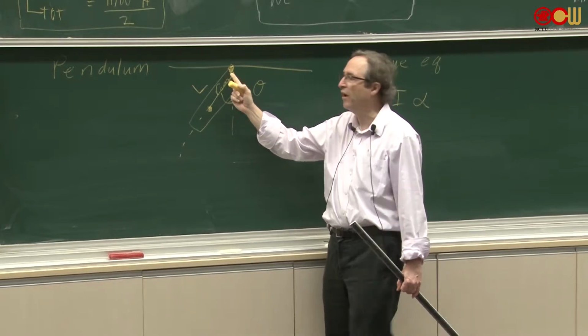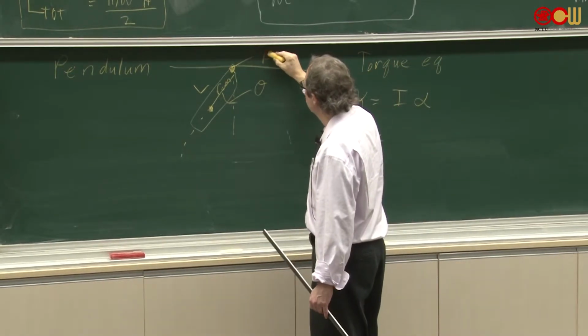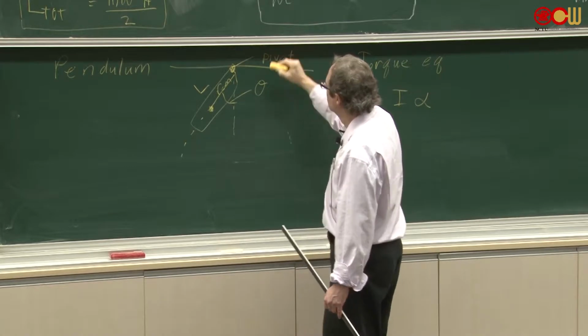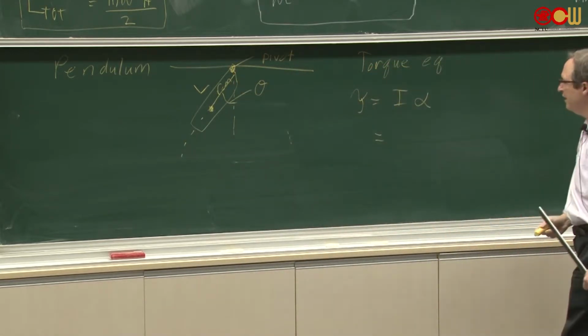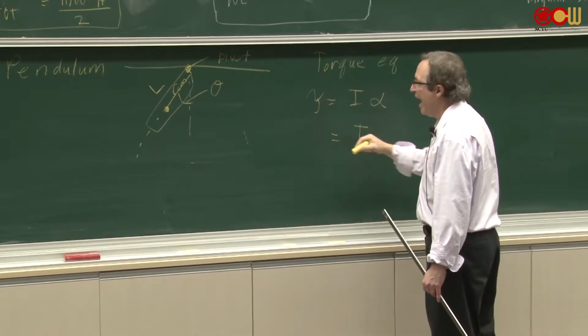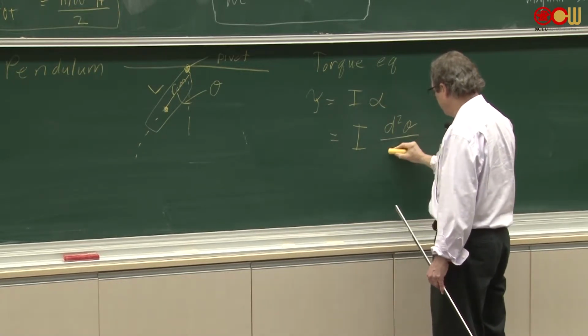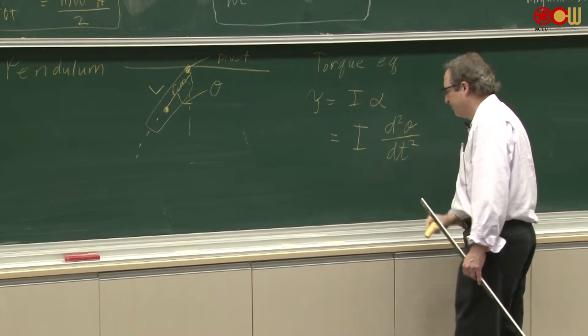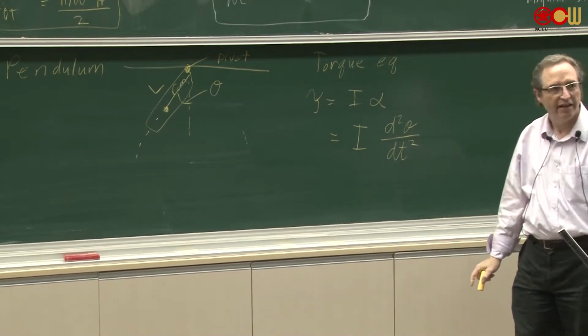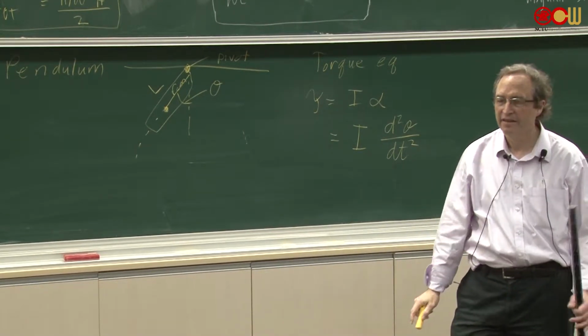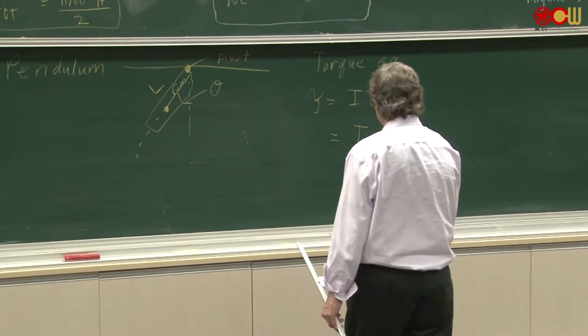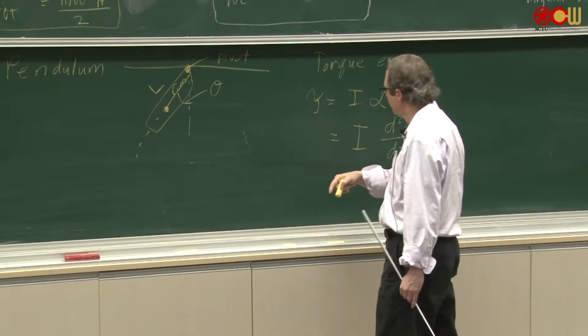I'm going to use this point. So this is my pivot. So I'm going to take I about that point. Alpha is the second derivative of theta with respect to time. Okay, everybody got that? All right, we'll worry about what I is later.